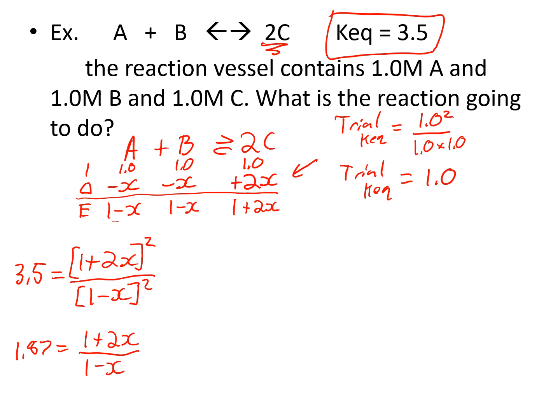Times both sides by 1 minus x, so I'm going to get 1.87 minus 1.87x equals 1 plus 2x.